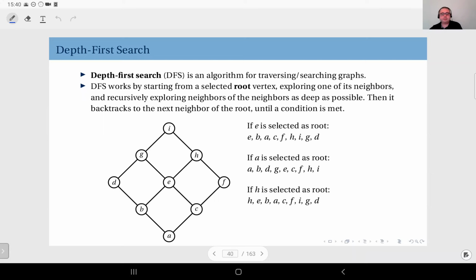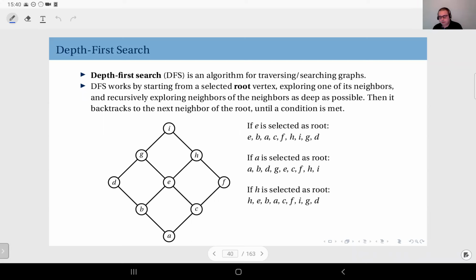And you go as deep as possible until you cannot find any new neighbor to visit because they have all been visited. You then track back until you reach another vertex that has other neighbors.